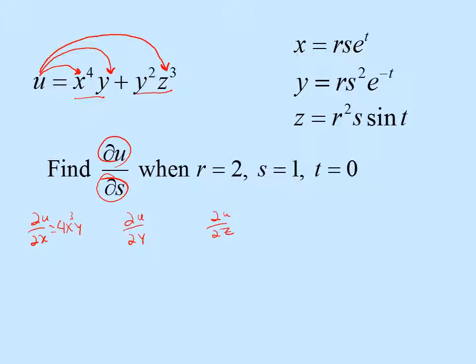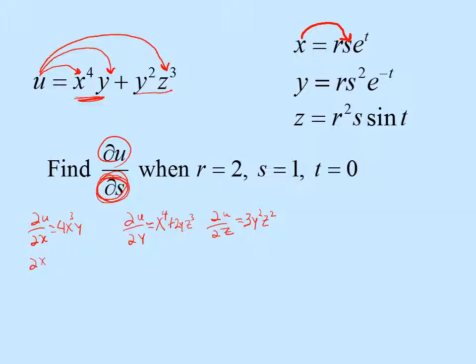That would be a 0, since there's no x in it. The partial of u with respect to y would be an x to the 4 and a 2yz cubed. And the partial of u with respect to z would be 0 and 3y squared z squared. Then we can get from x to s. I'm not going to draw arrows to all the other ones because we only care about getting to the s.